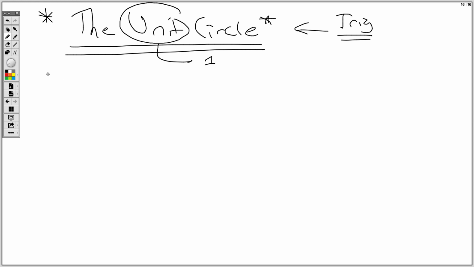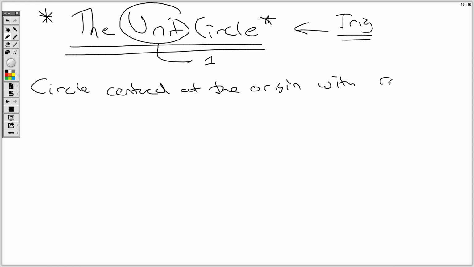Here's what the unit circle is. It's the circle centered at the origin with radius 1. And so what would that look like algebraically? Centered at the origin, remember the origin is the point 0, 0.